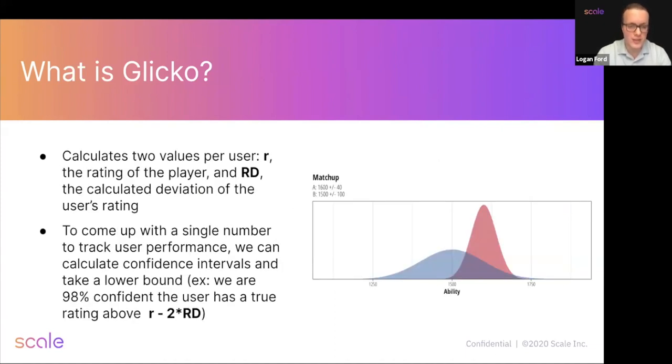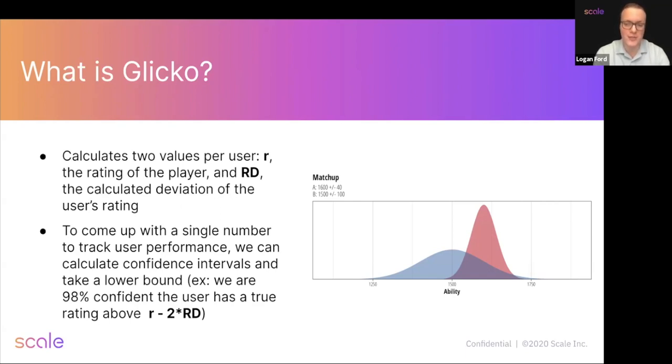And to illustrate this, first off, we have these two numbers, the rating R, and then RD, which is the rating deviation. On the right, we can visualize this as these different bell curves. In blue, this is player B. We have them starting at the initialized 1500 skill rating and a very large deviation of 100.